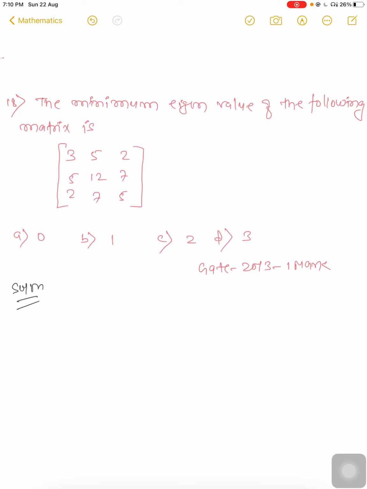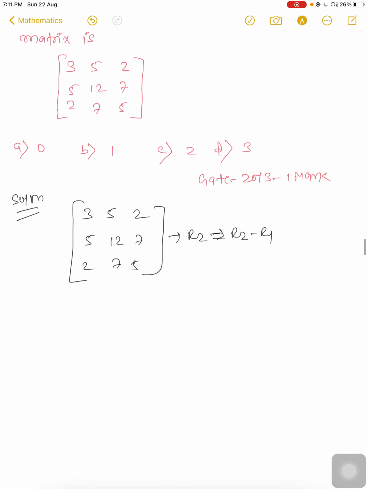So first of all arrange the matrix from here. The given matrix is 2 7 5, 3 5 2, 5 12 7, 2 7 5. Make R2 equal to R2 minus R1.